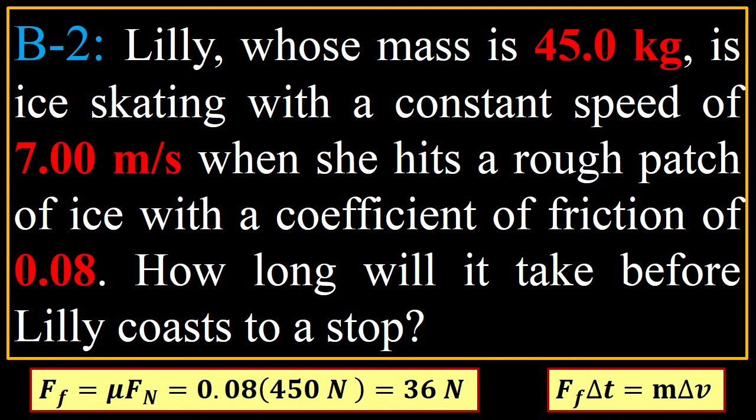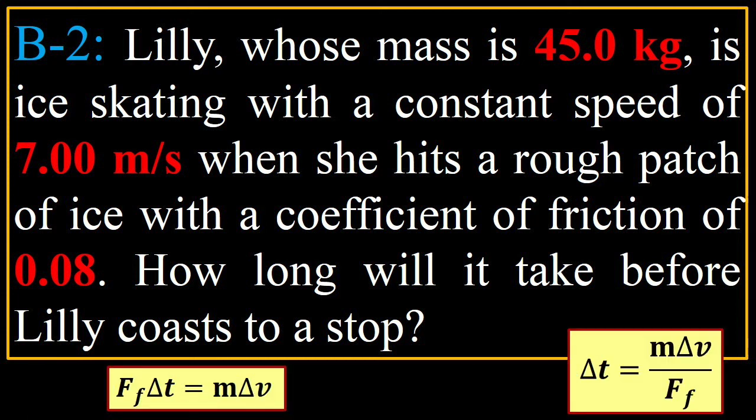The force of friction times delta t equals m delta v. Now, you can see that we want to solve for delta t. So if the change of velocity is negative, and the friction is negative, that's going to cancel out, and it's going to be positive. So you'll have a positive t, which you should have. T is not going to be negative. So I left out the negative signs, but they will cancel, so you're left with a positive delta t.